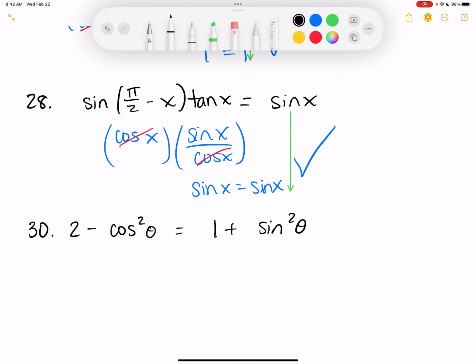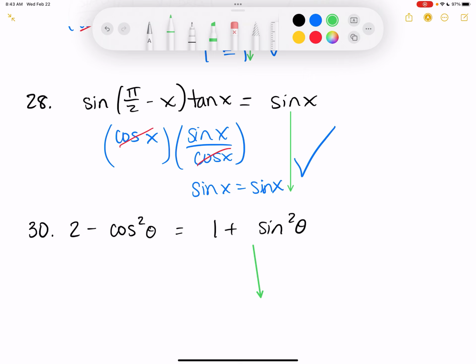So I ultimately need it to be 1 plus sine squared of theta, right? So I need to figure out what to do about the left side. I see squared values, and squared makes me think what? The Pythagorean identities. So I'm sitting over here, and there's not a 2 in the Pythagorean identities, so I can't really do anything with that.